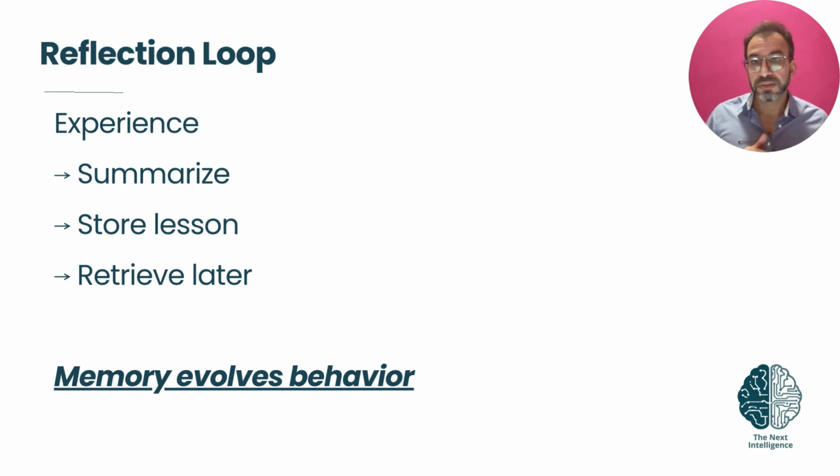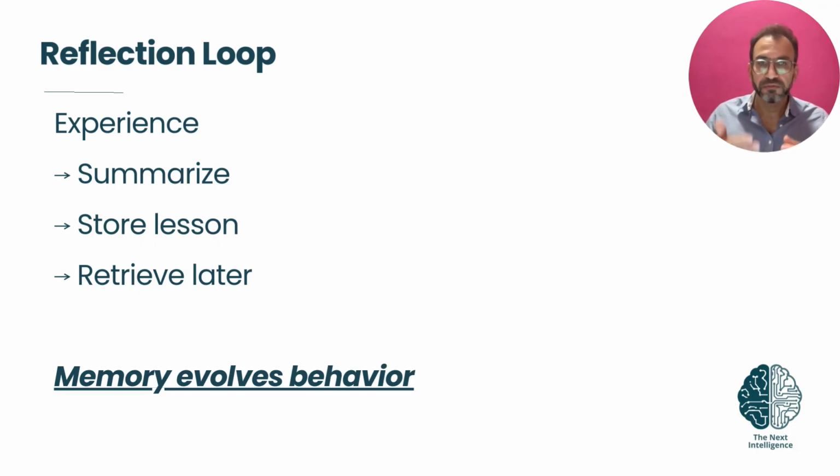And to complete the memory life cycle, after we had the context assembled and the model reasoned and thought with the short-term memory, with the context, and performed the actions, now it's time to reflect on what happened.